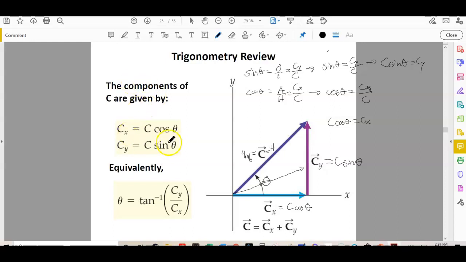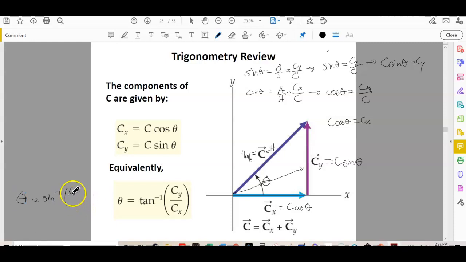If you didn't know what theta was and you needed to find it, you'd have to have at least two of these. You'd have to have cx and c. In that case, you'd get theta by using the inverse sine of cx over c.